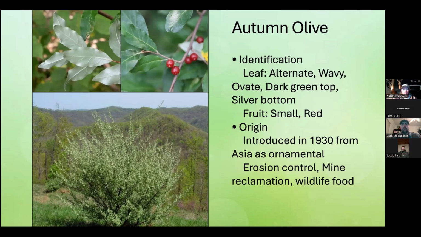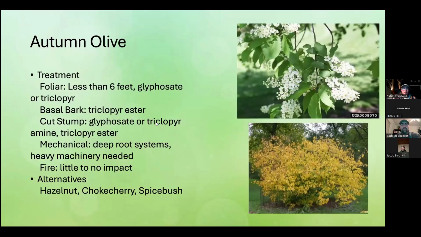With a heavy infestation, it does a pretty good job of shading everything out, and there's not a lot of fuel underneath to carry a fire. Some alternatives for autumn olive are, sorry, I missed the slide there. Alternatives for this are hazelnut, chokecherry, and spicebush.